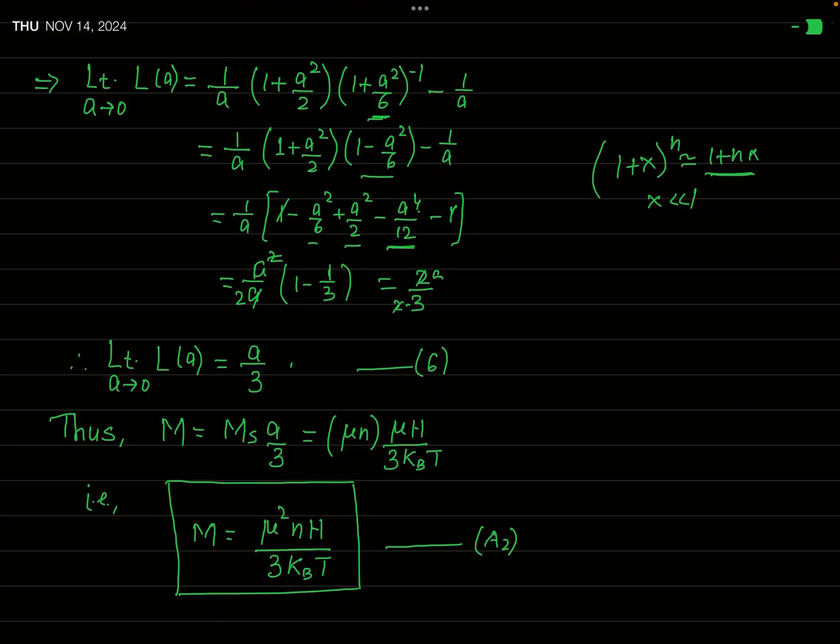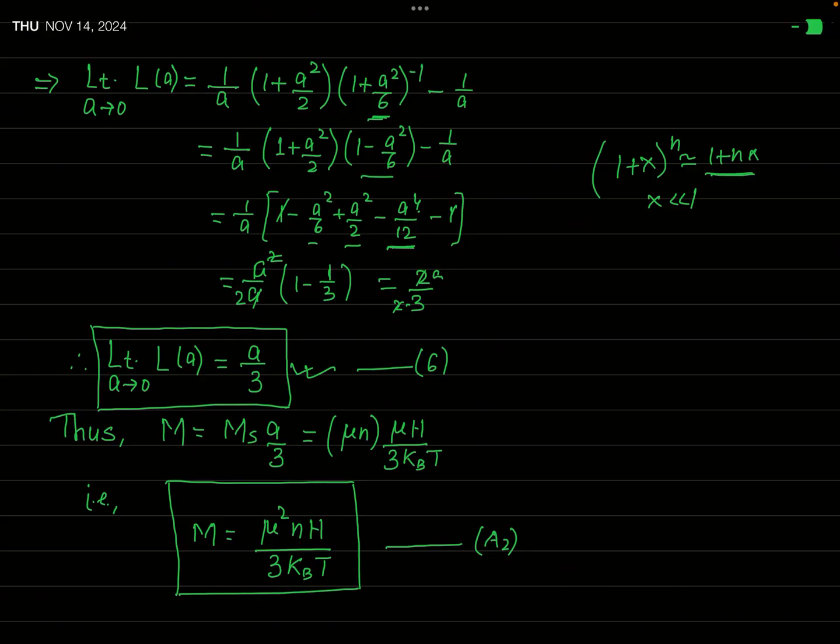Here 2 and 2 will cancel out, and so this is simply A by 3. So in this case, when temperature is very large and field is weak, in this condition you can see the Langevin function comes out to be A by 3.